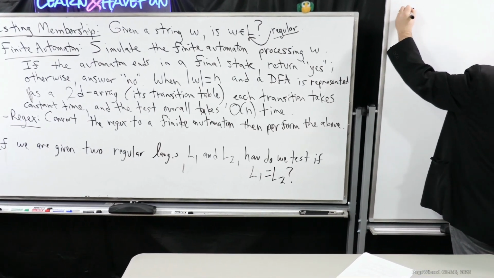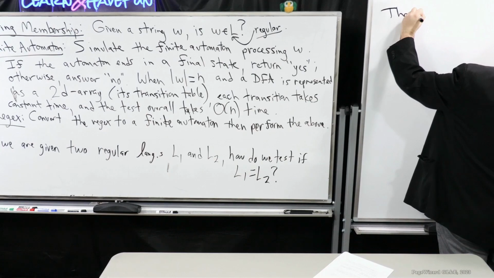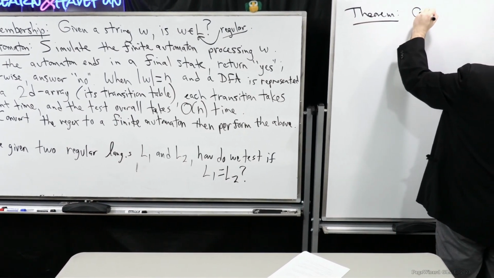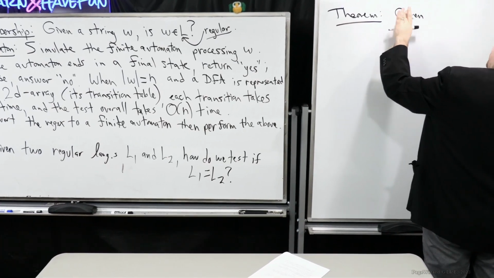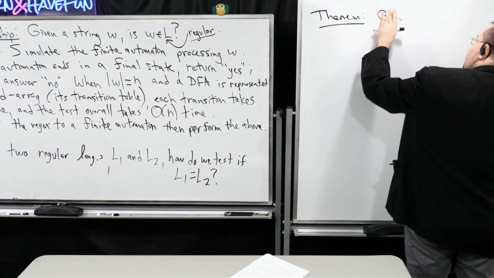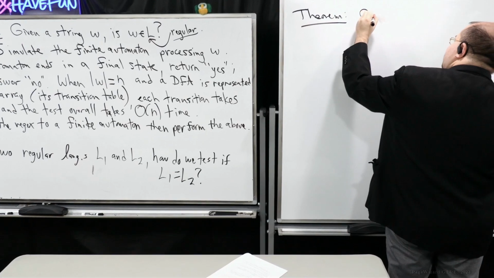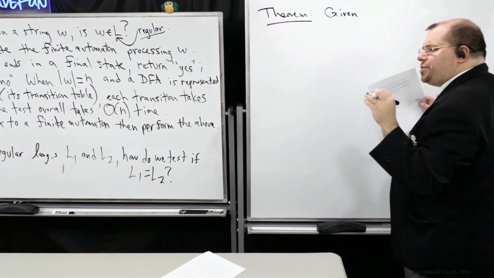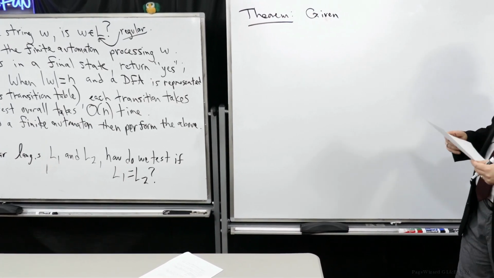So I'm going to present this as a theorem. So here's a theorem. I'm going to use some set theoretic fun here to go about this. So I'll let you think about the steps of this proof.